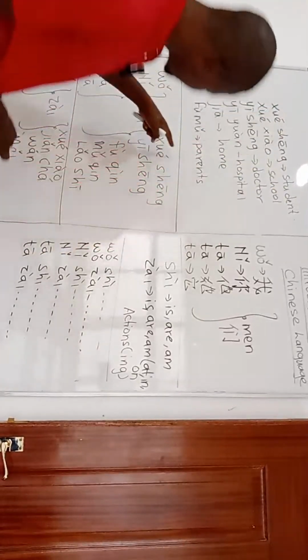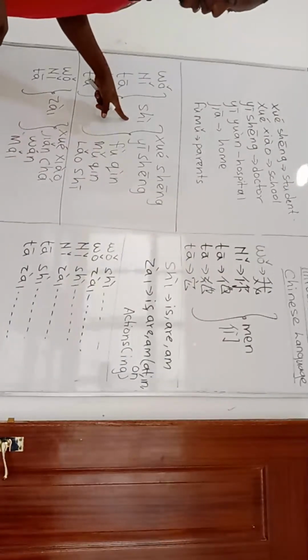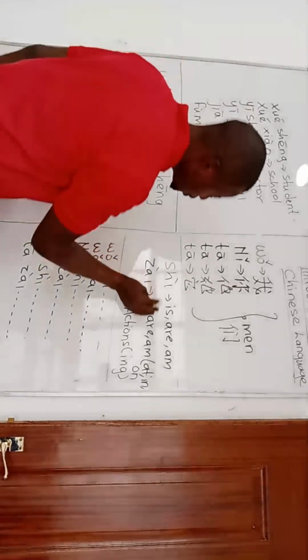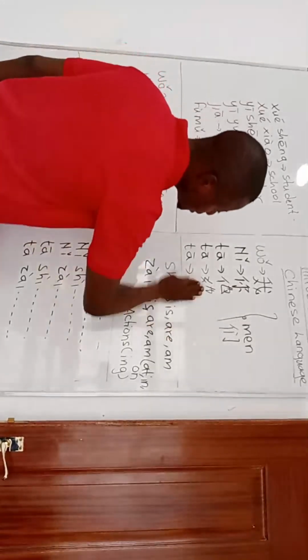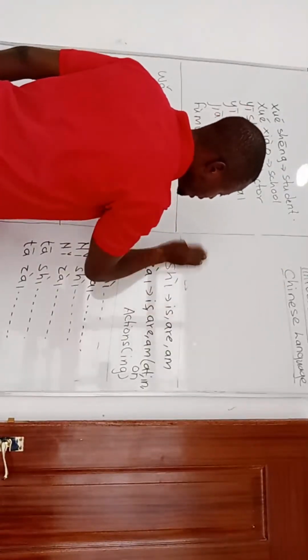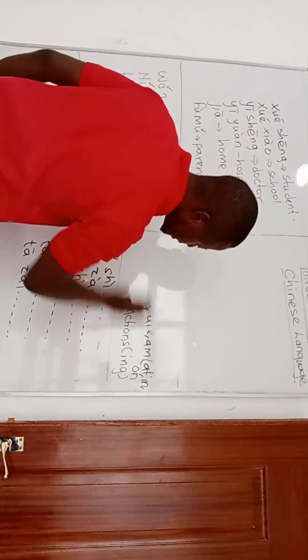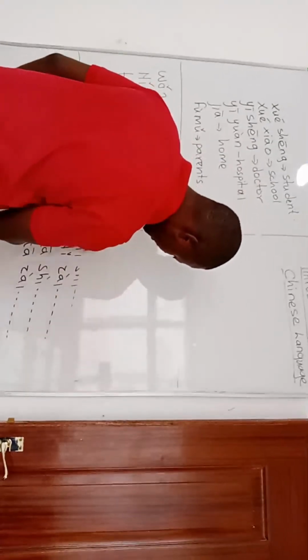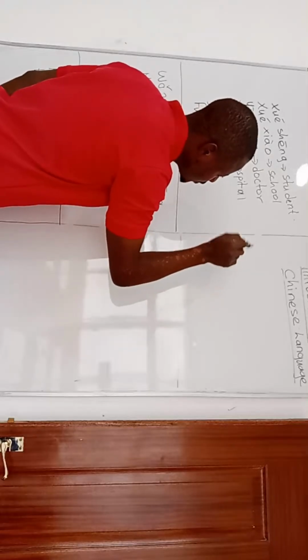So from using the two words, the shi and the zai, now we move to how to create simple sentences with verbs. Simple sentences will give you two very important verbs.